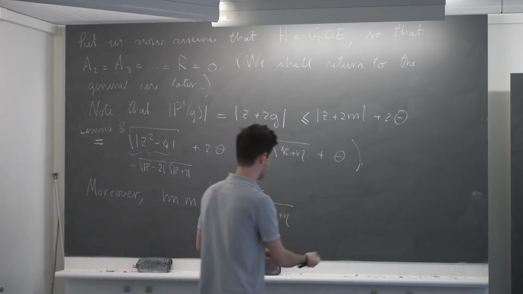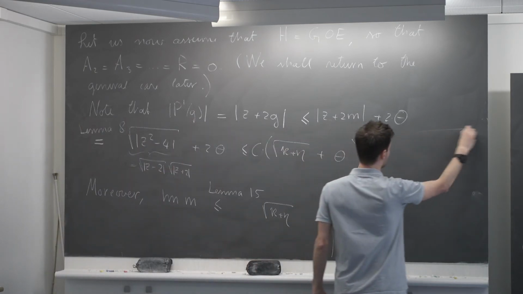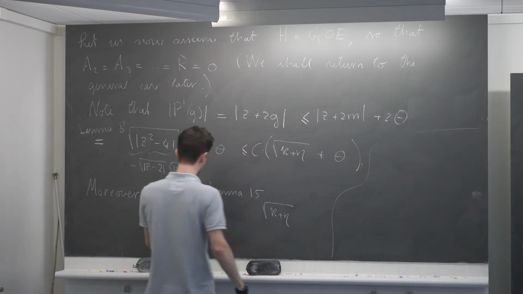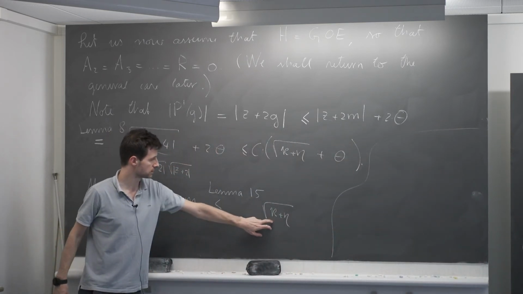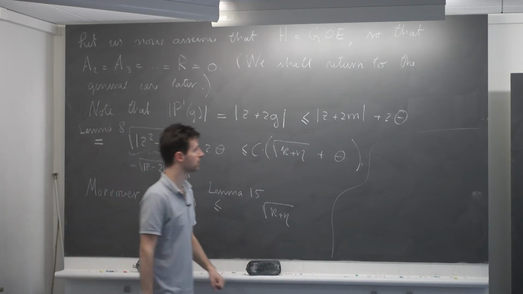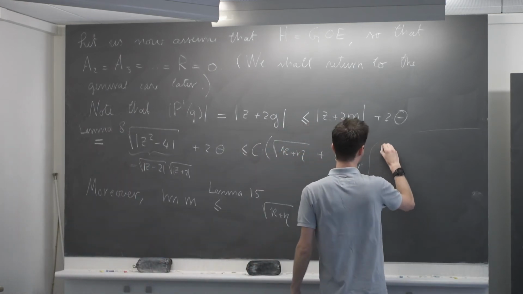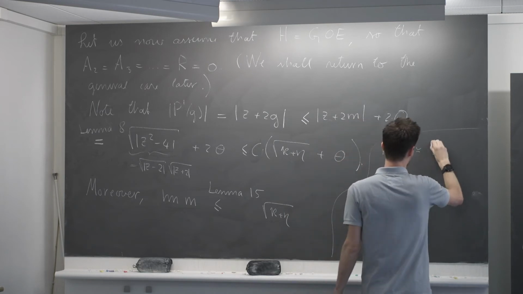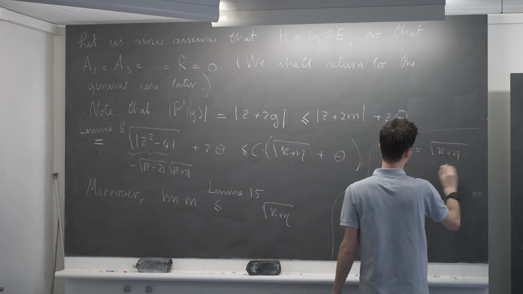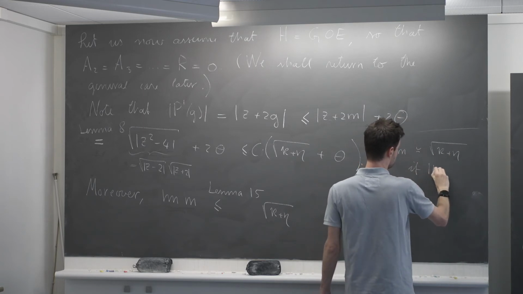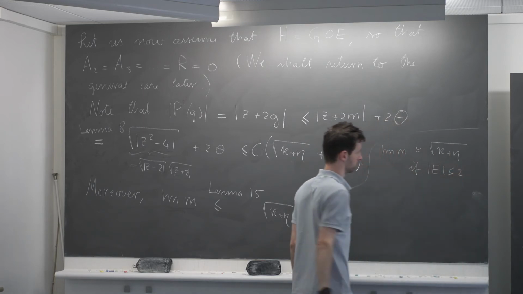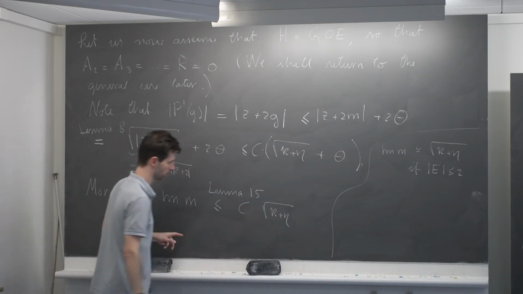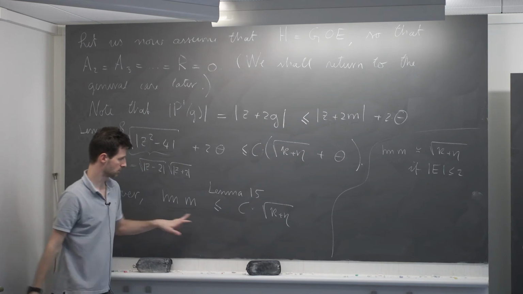And there's something interesting happening there. The behavior of the imaginary part of m relative to these kinds of expressions becomes very important. If you recall, in lemma 15, we said that the imaginary part of m was in fact of the order kappa plus eta if e was less than or equal to 2. So then this is sharp up to a constant.